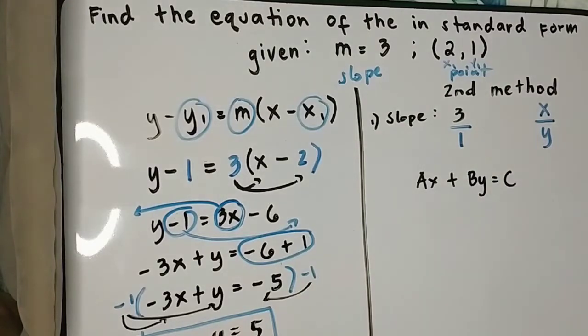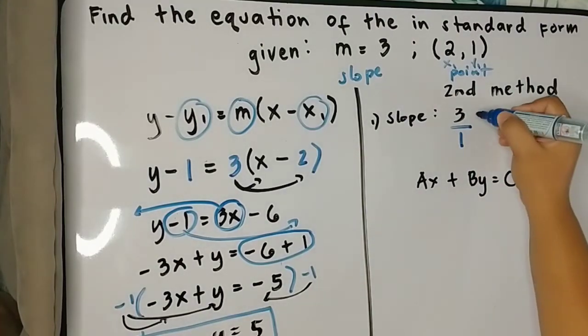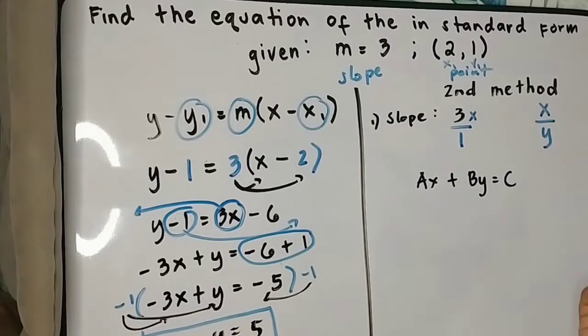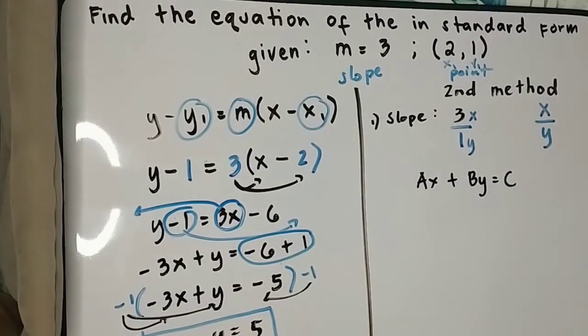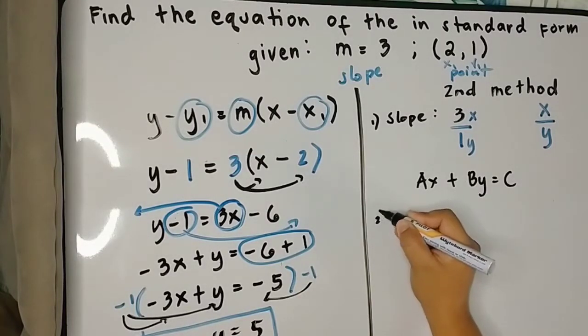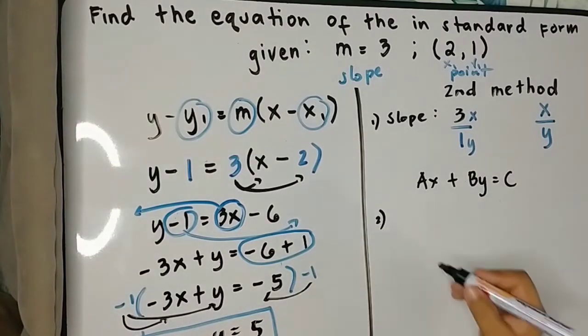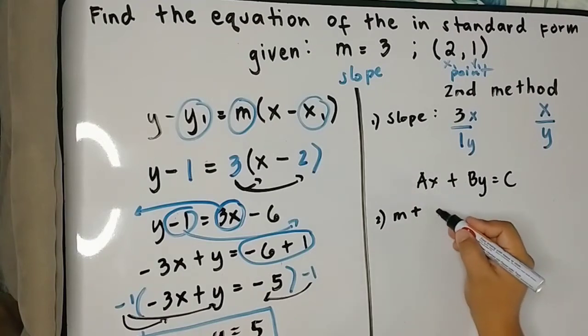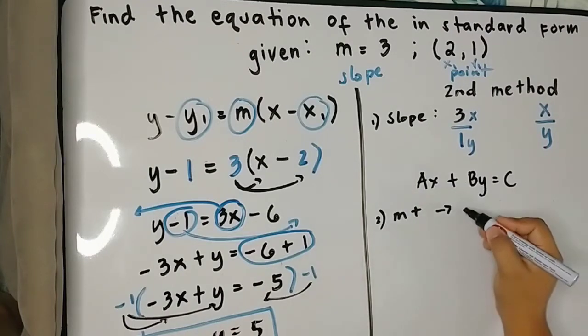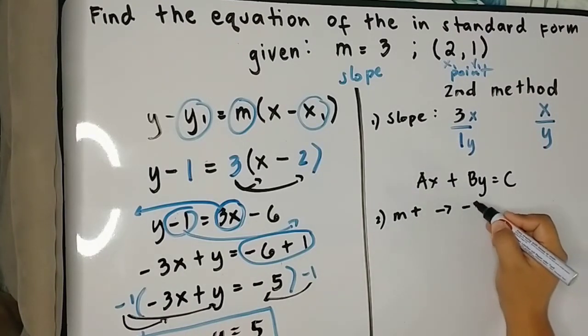So, since, diba, si numerator, si x, si denominator, si 1, ibig sabihin, si 3 dito, magiging x or 3x. Then, si 1, magiging 1y or y. But, okay, ang second step natin, mag-change kasi ng sign. If the slope is positive, si y dyan ay magiging negative.